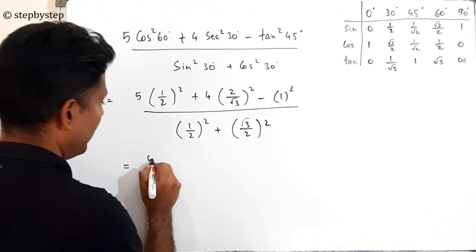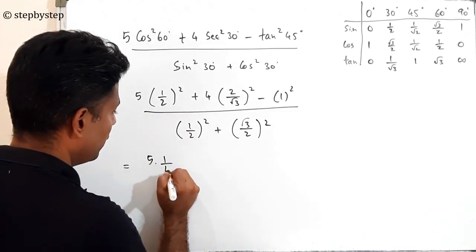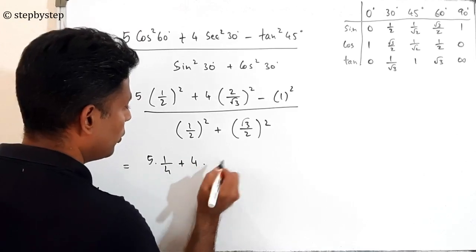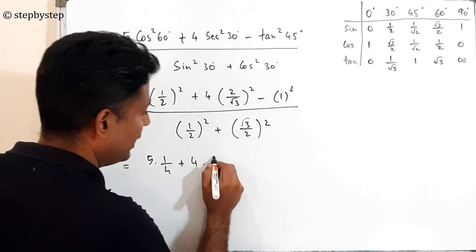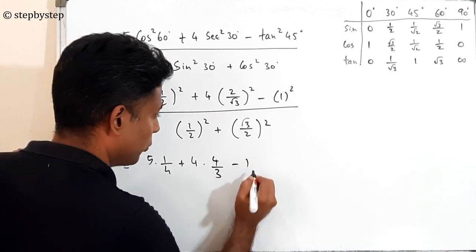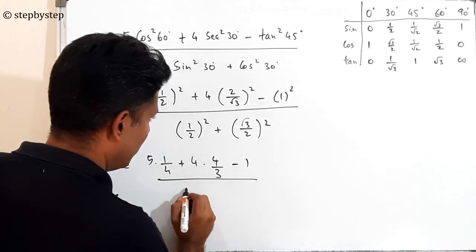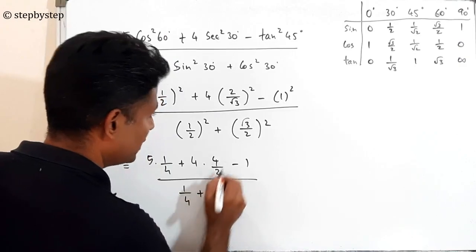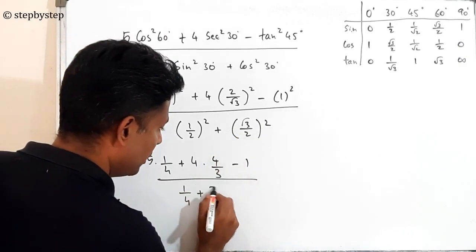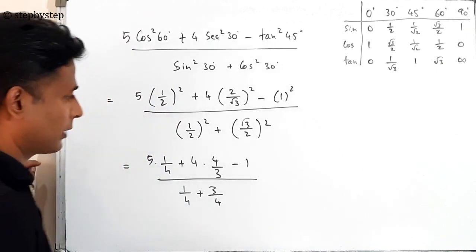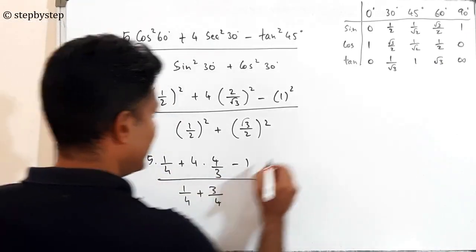So what do we get? 5 into 1 by 4 plus 4 into 2 by root 3 whole square, 4 by 3 minus 1 whole divided by 1 by 2 whole square, 1 by 4 plus root 3 by 2 whole square, 3 by 4, right? Now what do we get from here?